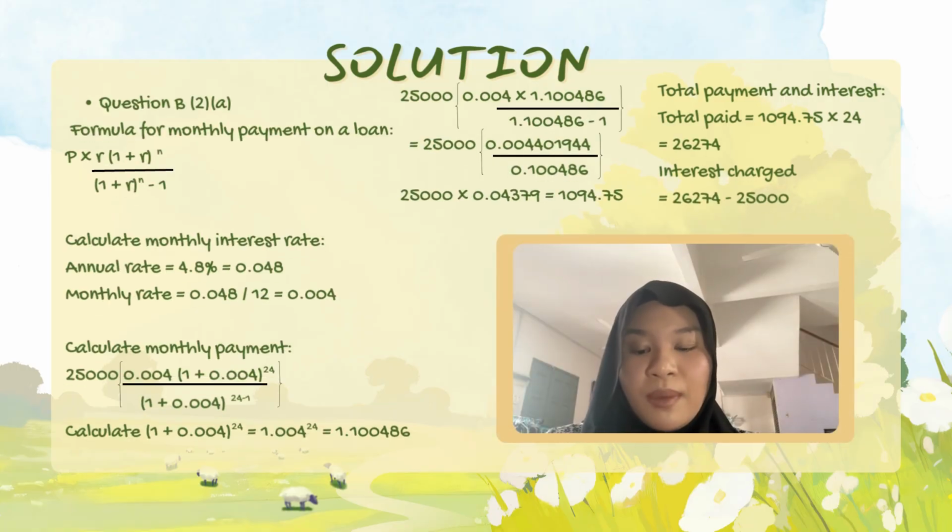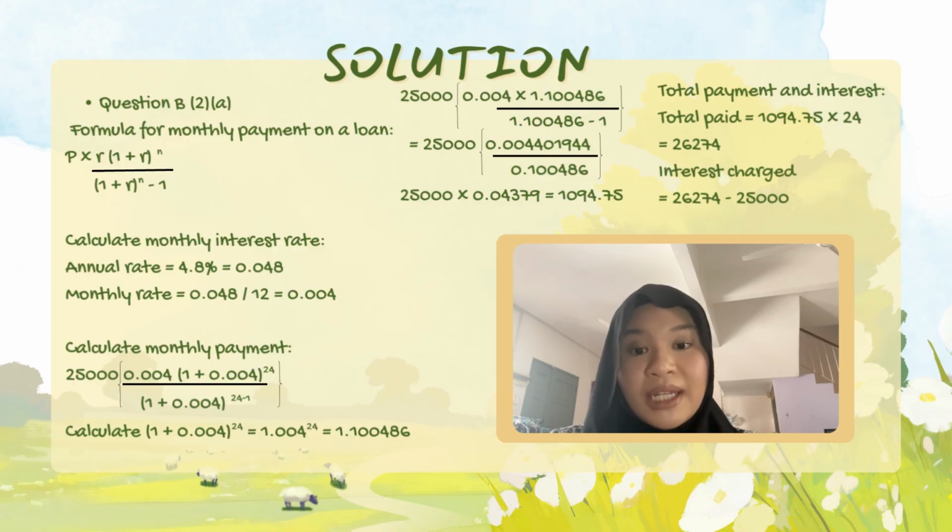Solution for question B 2A. Formula for monthly payment on a loan: P times R times (1 plus R) to the power of n, over (1 plus R) to the power of n minus 1. To calculate the monthly interest rate, annual rate equals 4.8% equals 0.048. Monthly rate equals 0.048 divided by 12 equals 0.004.